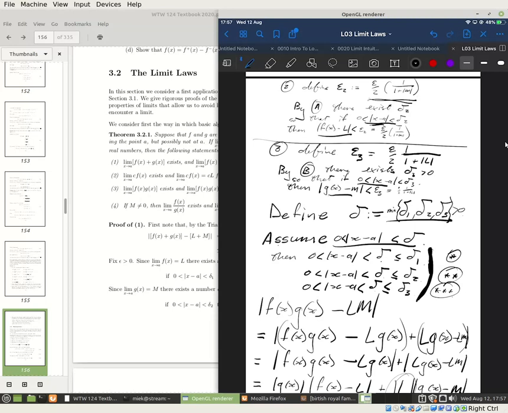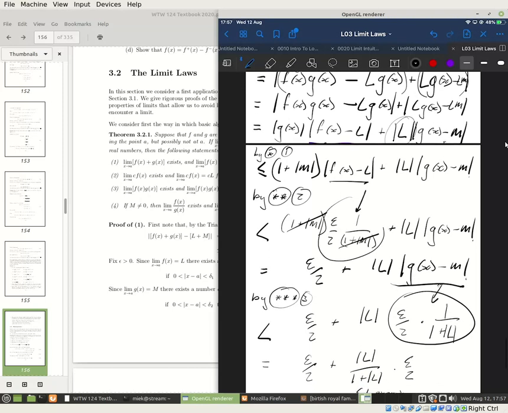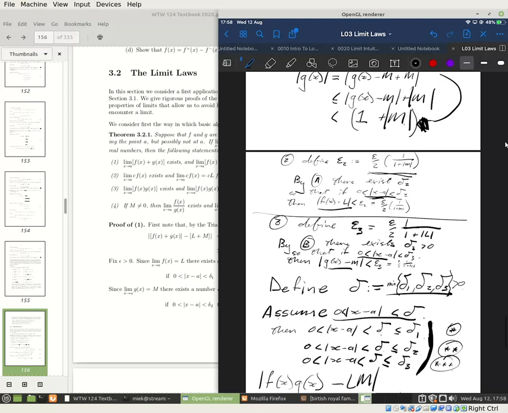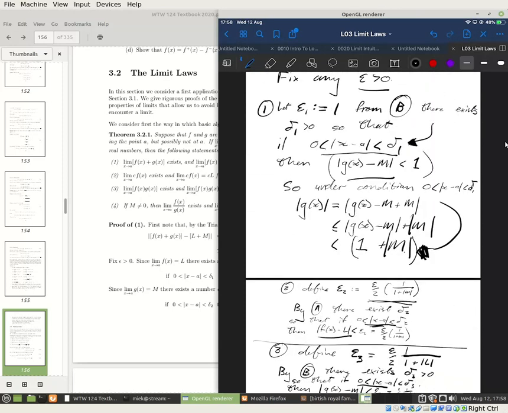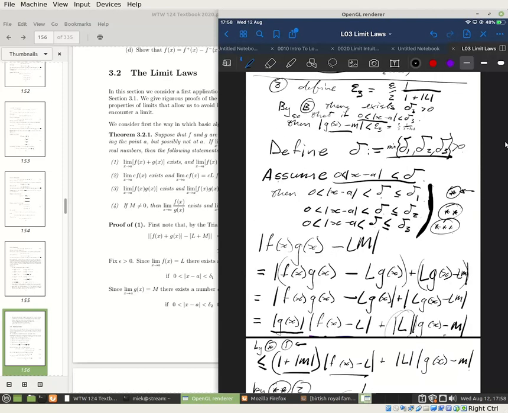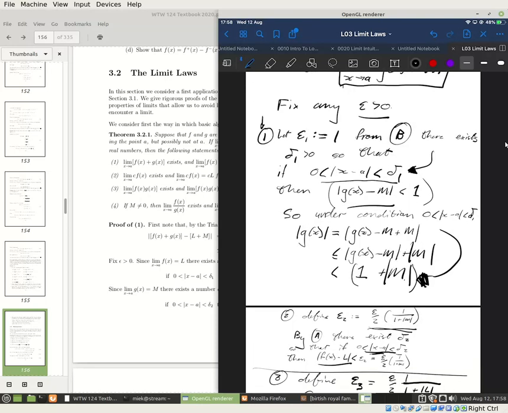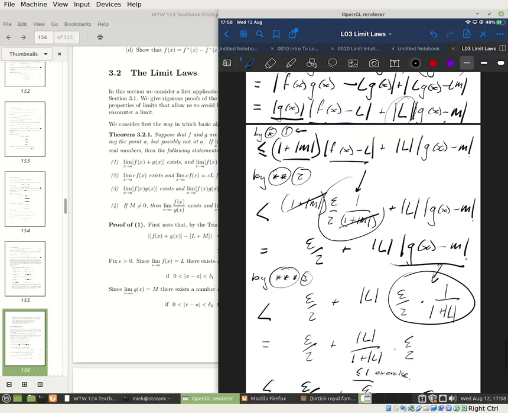And this gives us, first of all, that we can control this factor over there by star and by 1. So by star we've got this thing is less than delta 1, and by 1, if this thing is less than delta 1, then we get g of x in absolute value less than 1 plus M. So that is how we get this.